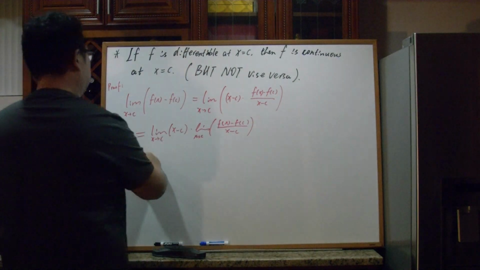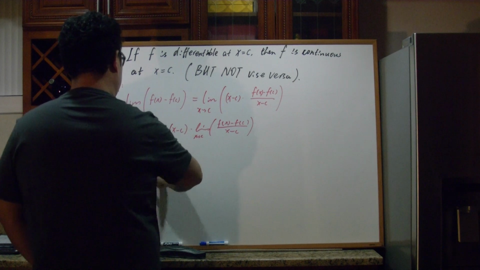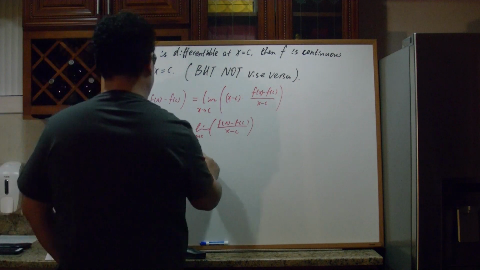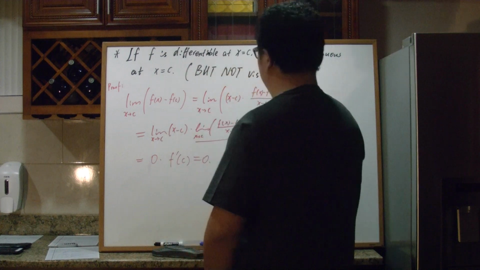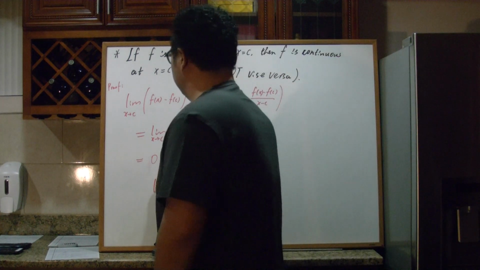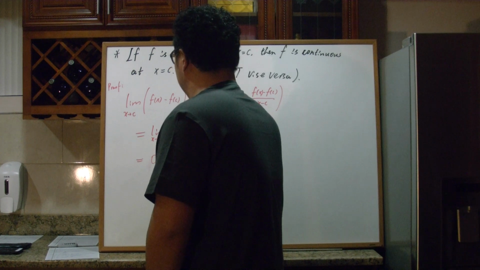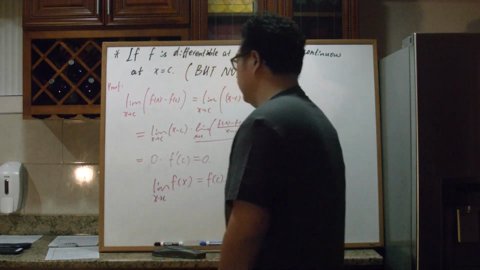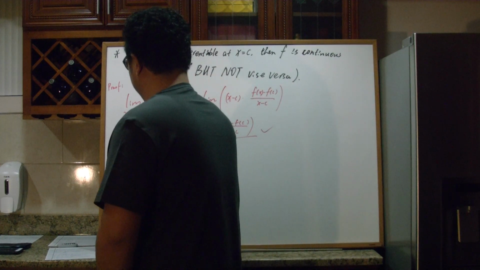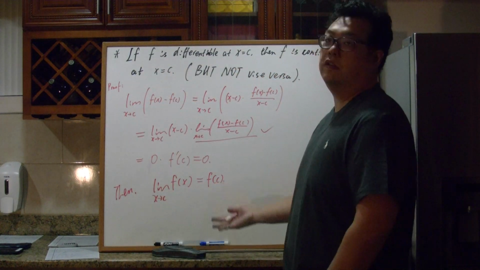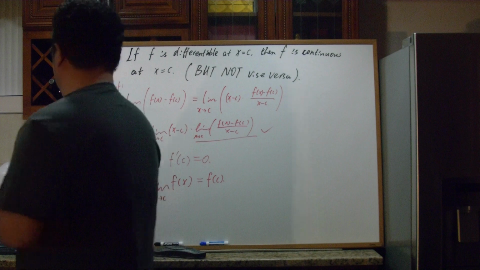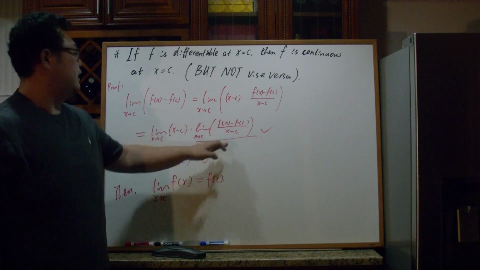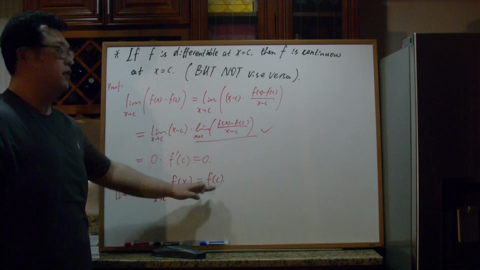If this expression exists and is f prime of c, then the other expression is 0. So that shows the differentiability. Then what we have is the limit as x approaches c of f of x equals f of c, which means the limit exists and equals the function value, which is the condition for the function to be continuous at c. So if the derivative exists, then the function has to be continuous.